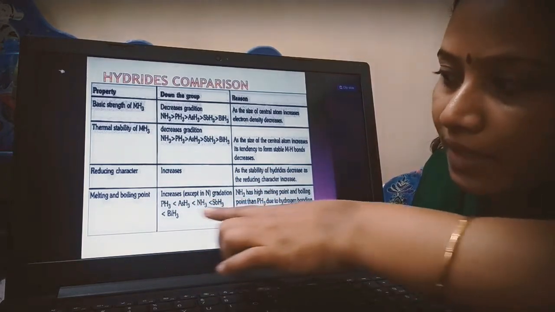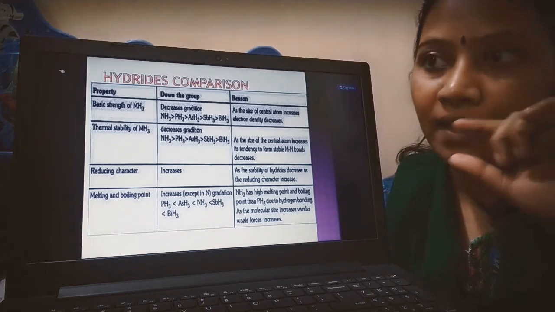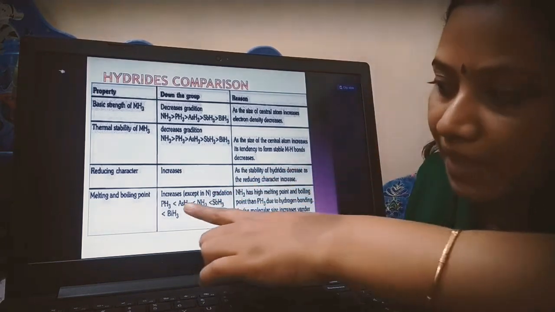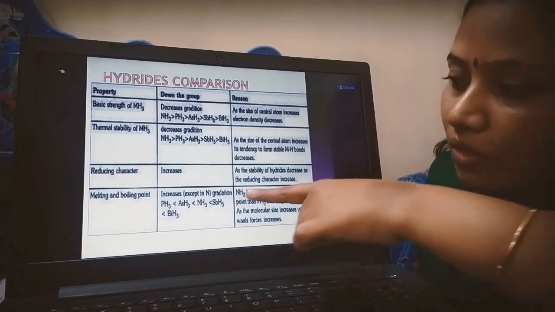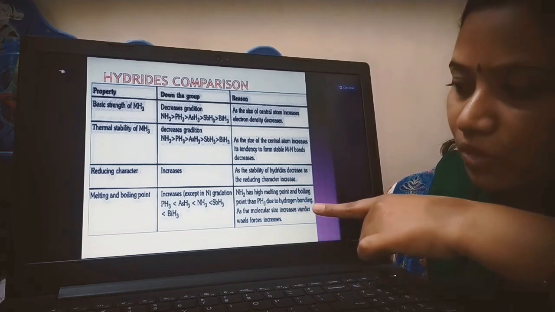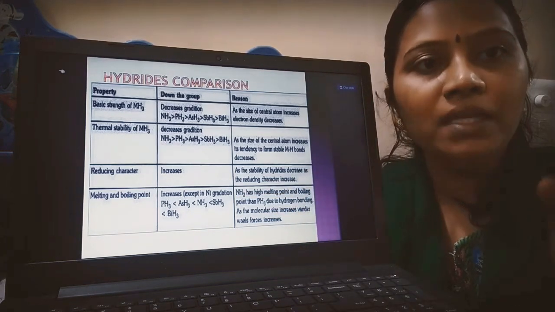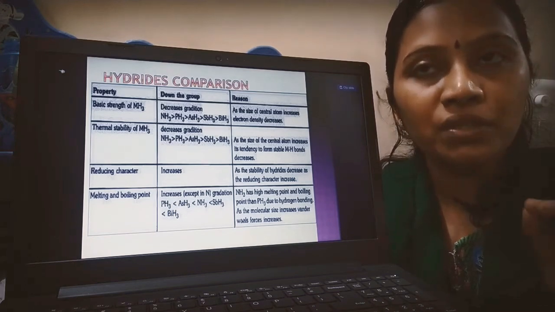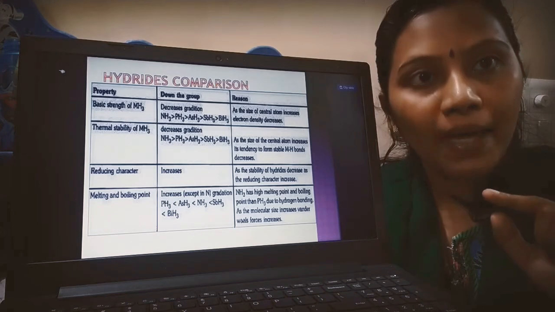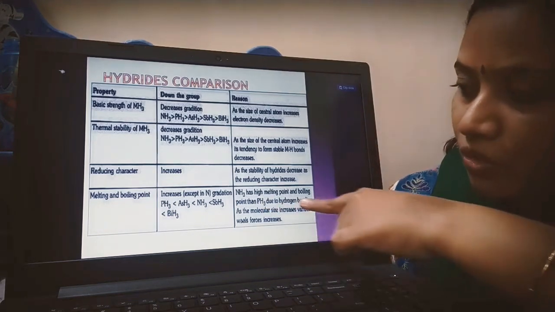It increases in the same trend like nitrogen, phosphorus, arsenic, antimony, bismuth, except in case of nitrogen. Why? Because ammonia has a higher melting point and boiling point than phosphine because of hydrogen bonding. You know, NH3 is having high boiling and high melting point compared to PH3, phosphorus trihydride, because of hydrogen bonding.